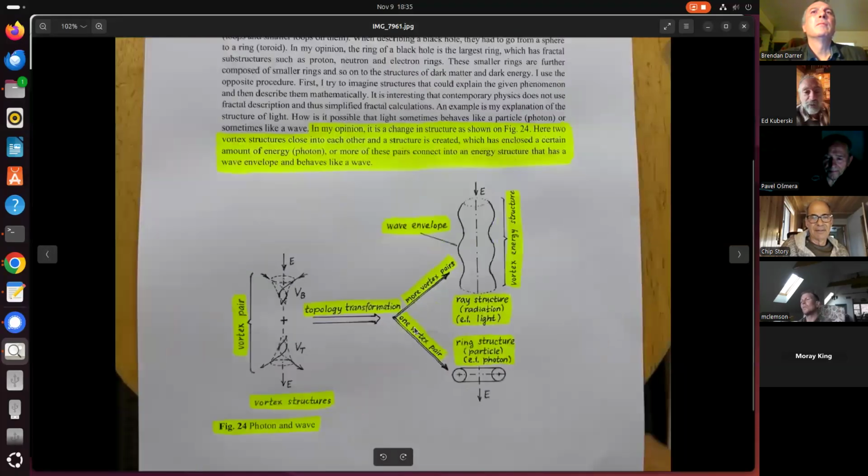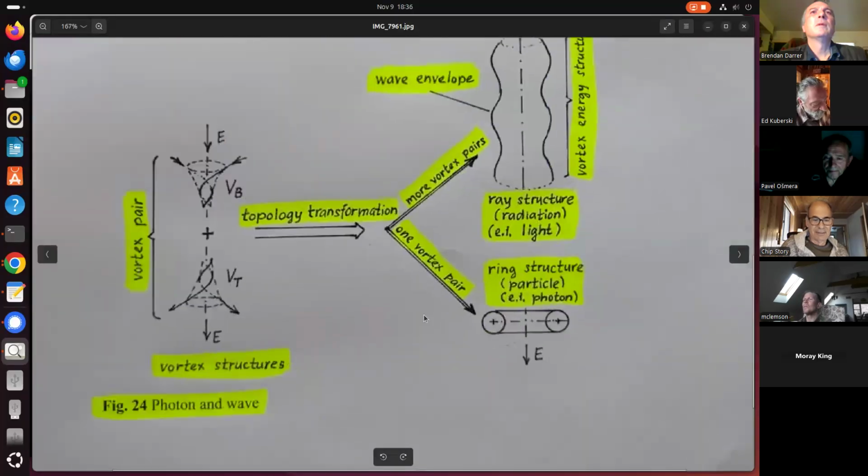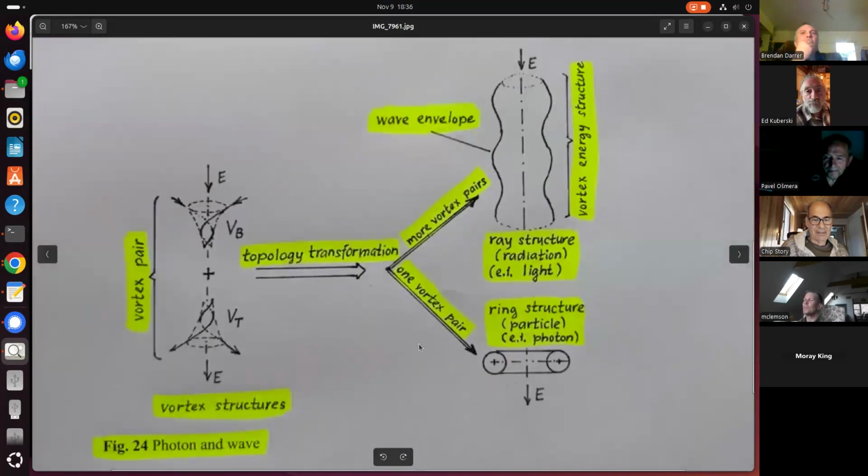Could you please go back to that? This explains how, as we were looking at before with classical physics and the new theories that he's got going on, how they actually work. So when you've got more vortex pairs in the wave envelope, you end up with vortex and the energy structure, and this is radiation or light. So it's open.